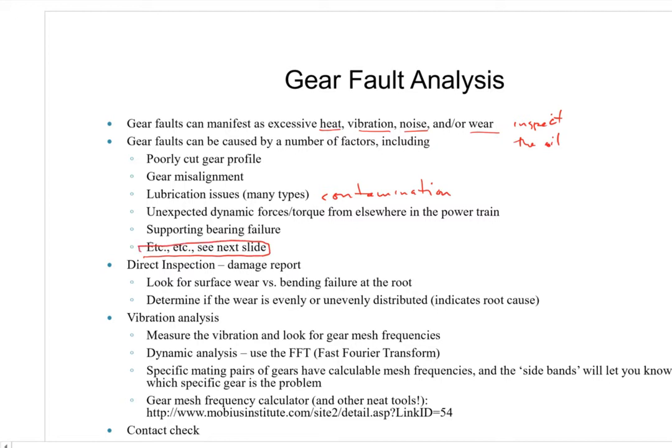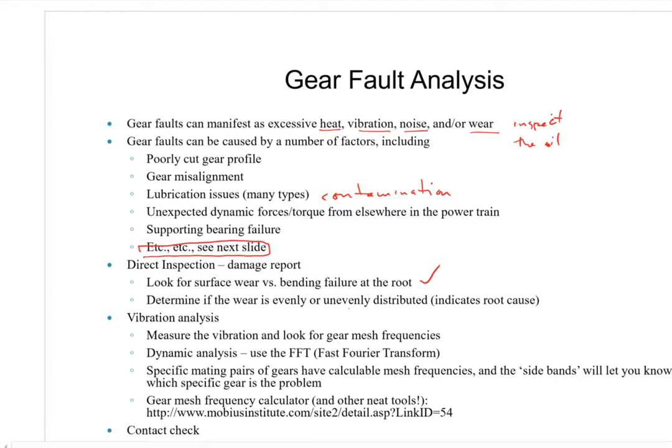Another external thing that I found that's not in the book. If you're going to do a direct inspection and make a damage report, look for surface wear and bending failure at the root. That's the main thing. That'll tell you most of what you need to know if the gears failed. Get that information, take pictures, send it off to the OEM, and call in the A-team.